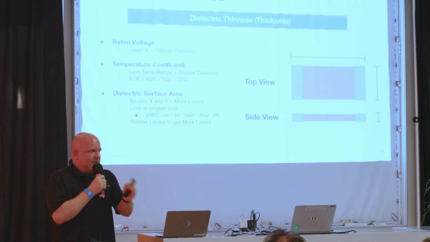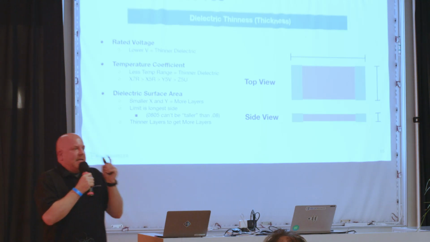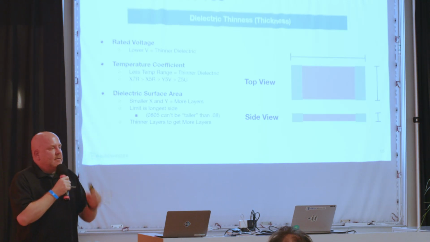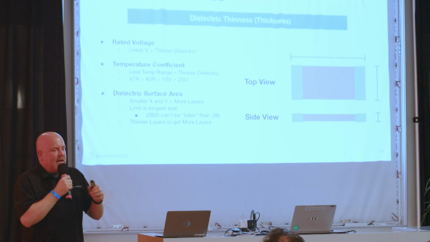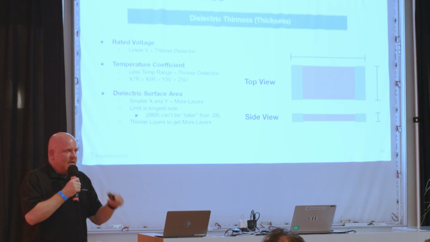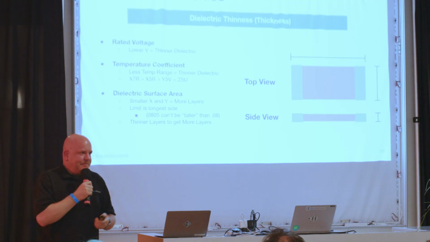It's almost always going to be X5R, or there's going to be a jump in rated voltage. The key here is as you get smaller, the layers are getting thinner. So if you decide to go to a smaller case size, you will not get more capacitance out of a smaller case size than a larger case size. It's just not going to happen.